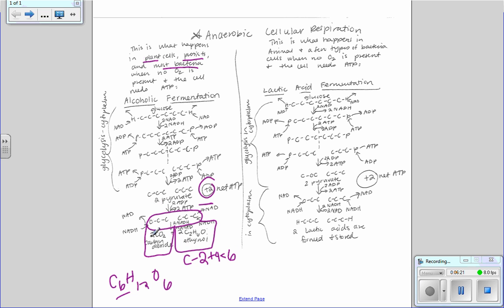And we've got 2 CO2 molecules, so that means we have 2 sets of O2 molecules, so 2 times 2. We got 4 oxygen from carbon dioxide, and we've got 2 times 1 oxygen in ethanol, which is just 2. And we come out with 6, which is exactly what we wanted.